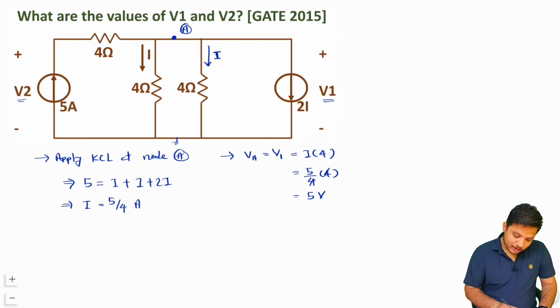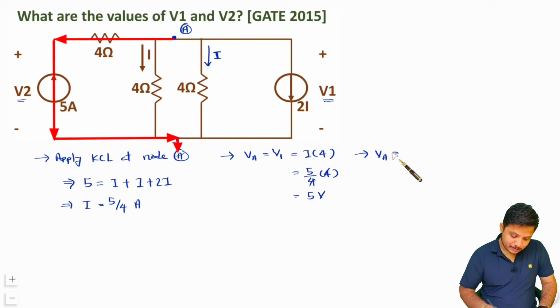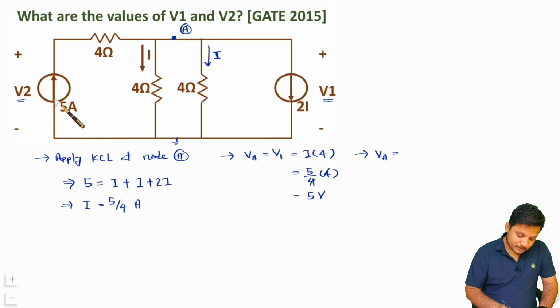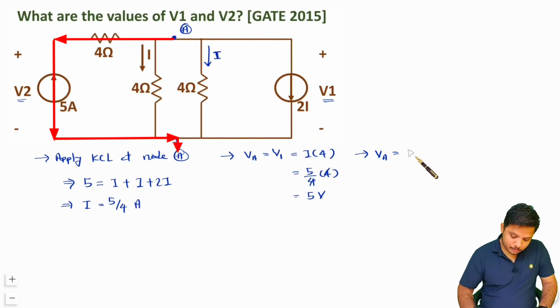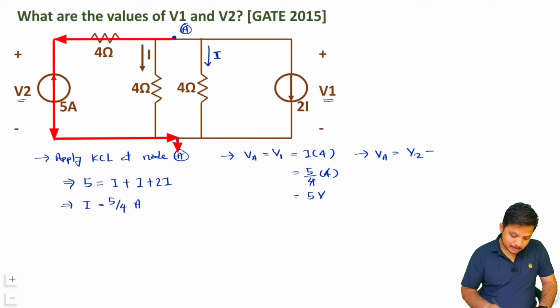Now we want to calculate V2. Here you see VA is between these two terminals. If you follow this link, then VA equals V2 and, since the current is entering the node in this direction, minus this 5 ampere into 4 ohm.